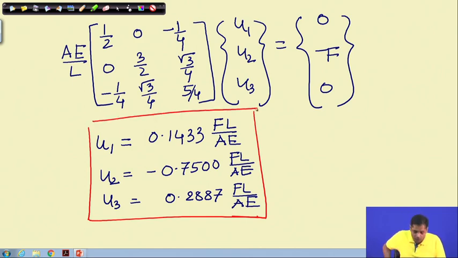Okay. Now, once we have solved for the displacement, next we have to determine the support reactions and the member forces. How to determine them, we will discuss in the next class.